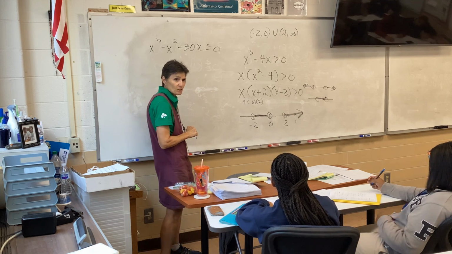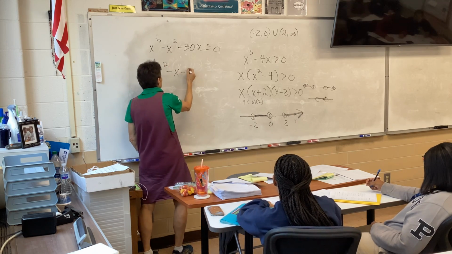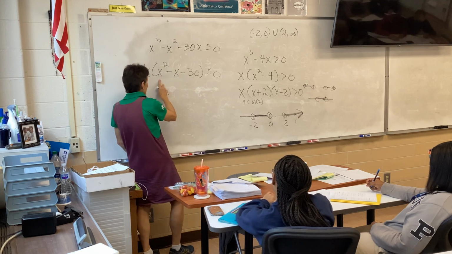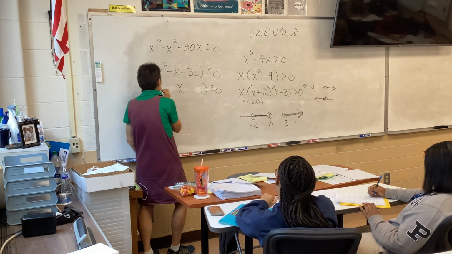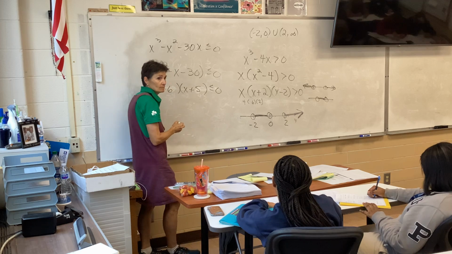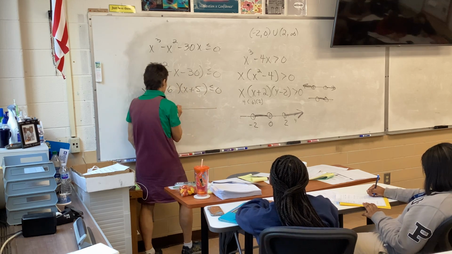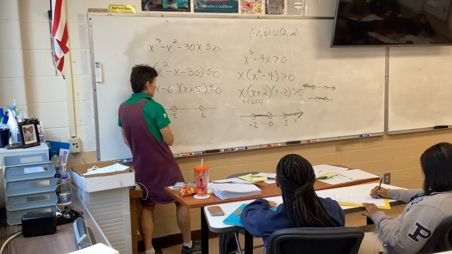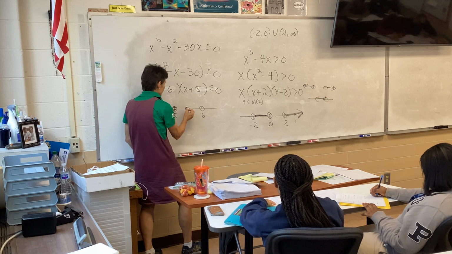GCF, which is X. Now, this is not the difference of squares, obviously, but does it factor? How? -6, +5. Which means the dots will be at -5 and +6 and 0. Closed in.